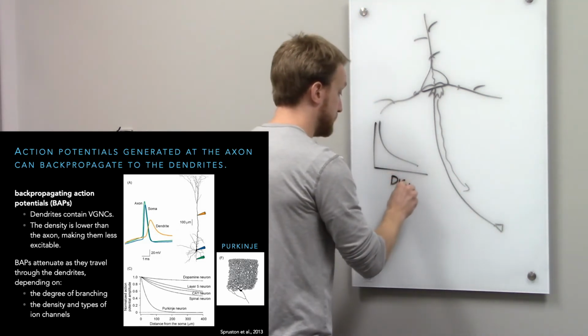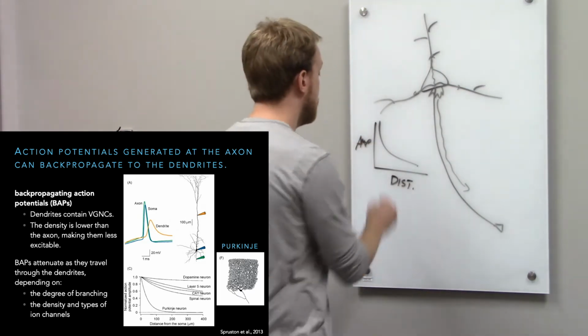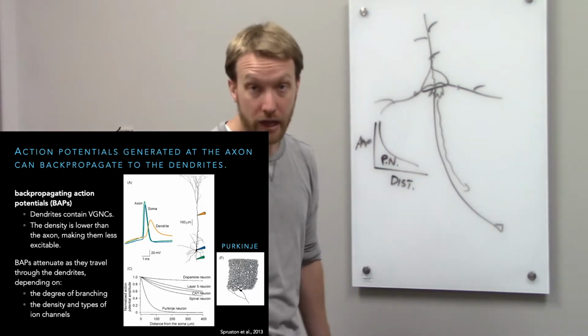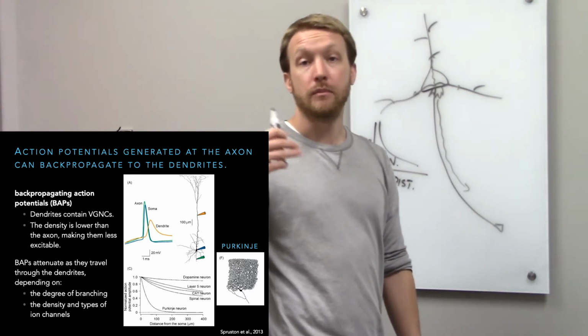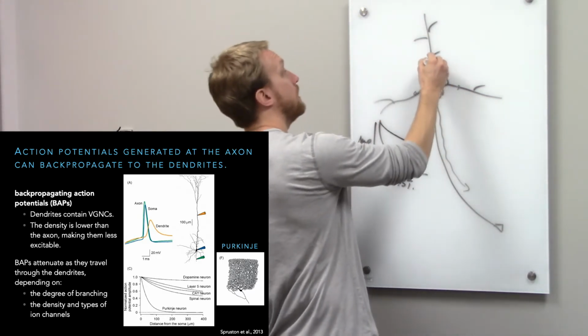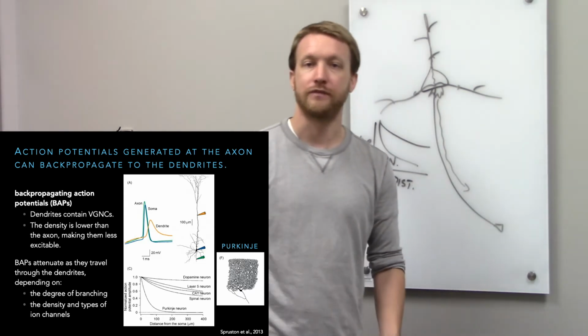So this is distance, and this is going to be the amplitude of that back propagating action potential. So our Purkinje neuron is going to drop dramatically because of the branching. But in pyramidal neurons, for example, as we move up that apical dendrite, it's not as pronounced, and that's because there's just fewer branch points.